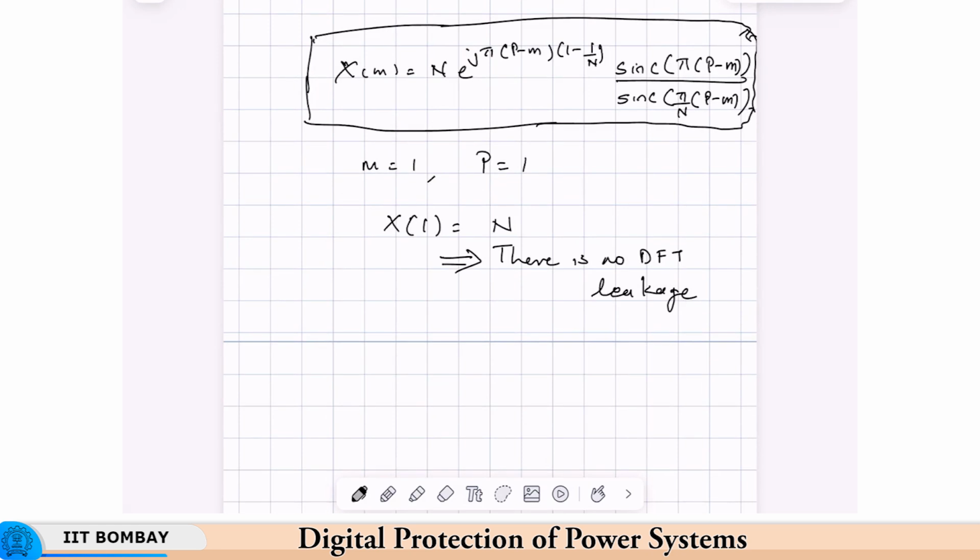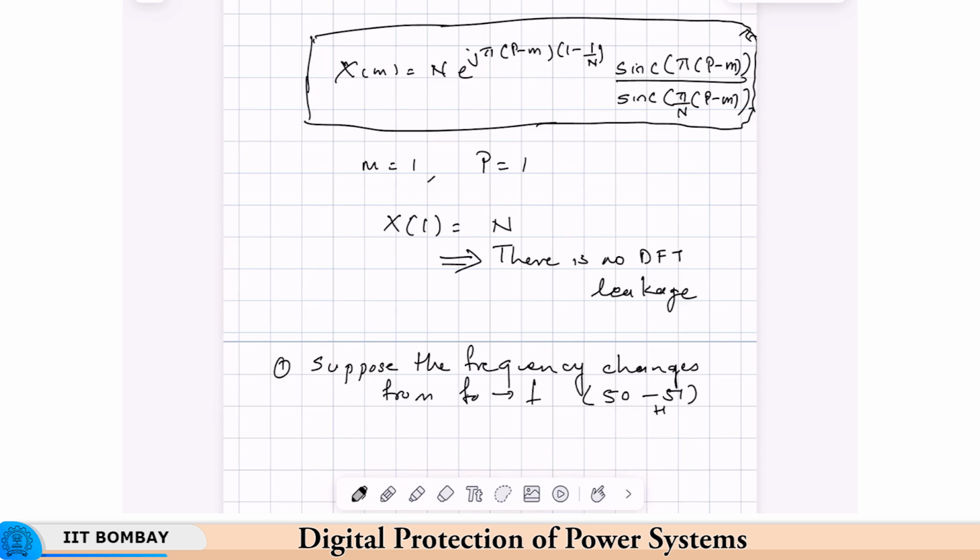Okay. Is this part clear? Okay. Now, let us see what happens if the frequency changes. Say the frequency changes from f naught to f, say from 50 hertz to 51 hertz. Just a number, I mean you can work with f naught to f also.